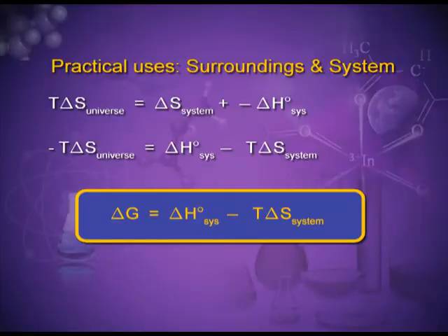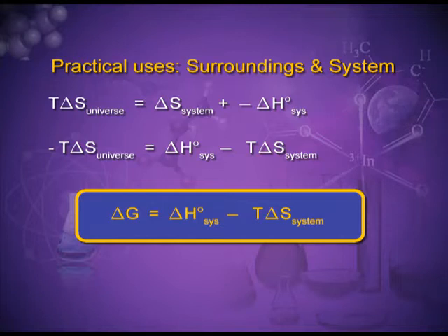Another thermodynamic function is Gibbs free energy, denoted by capital G, that correlates entropy and enthalpy as delta G is equal to delta H of system minus T delta S of system, where delta H is the change in enthalpy, T is temperature and delta S is the change in entropy.